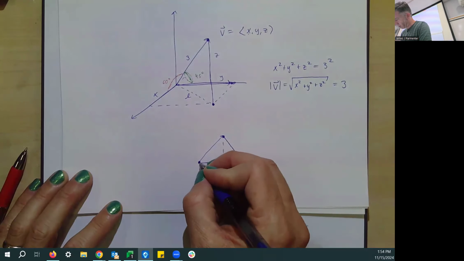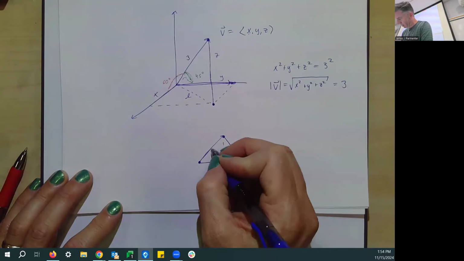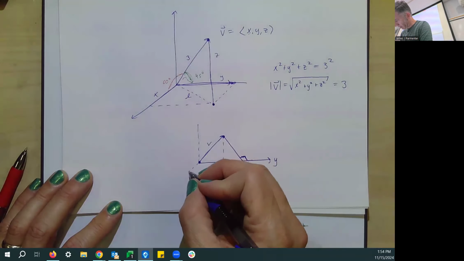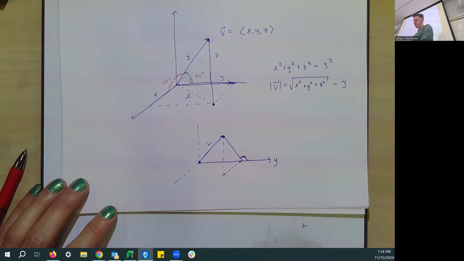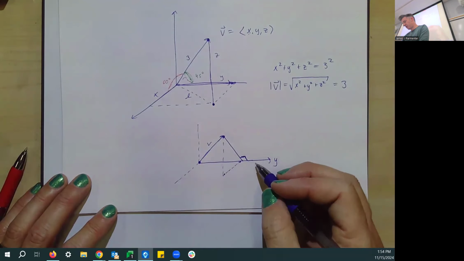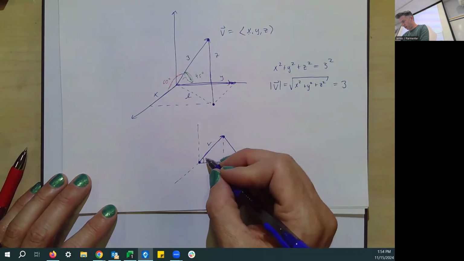Sorry if this looks terrible. I'm thinking of this as my y-axis. This is my vector. And here's my z-axis and my x-axis. And so what we're saying here is that in this triangle, this angle had better be 45 degrees.